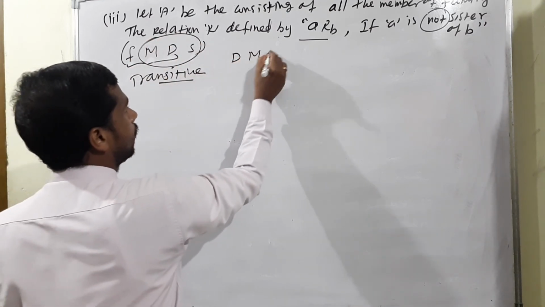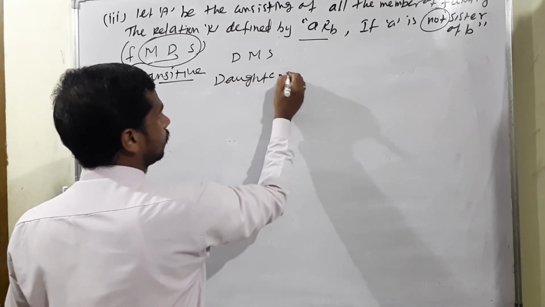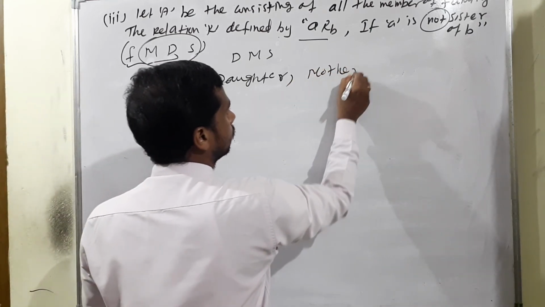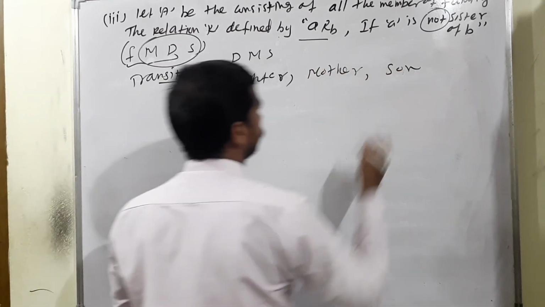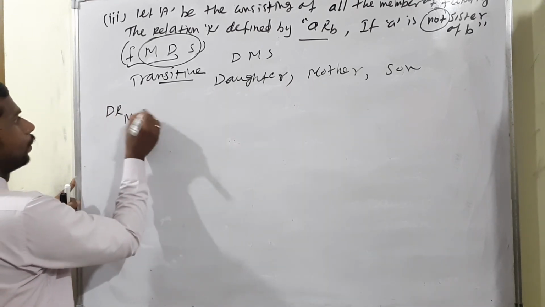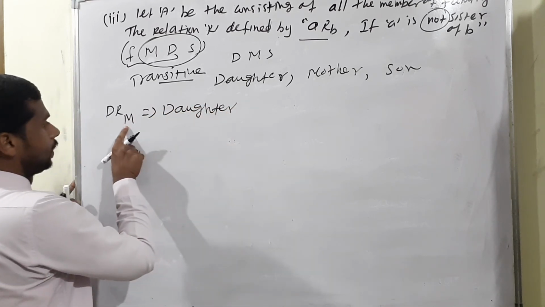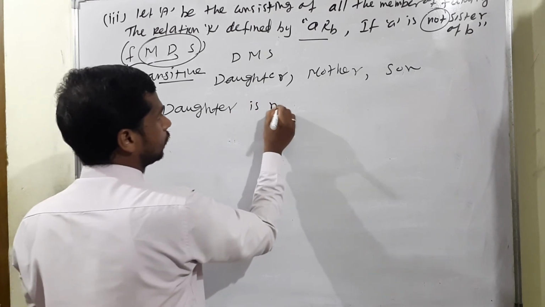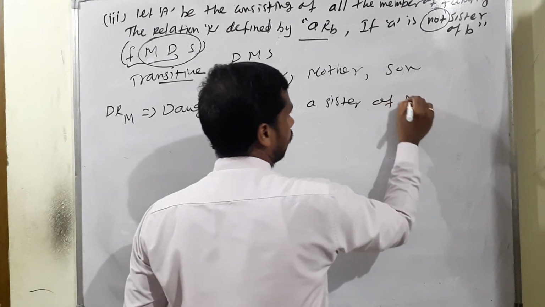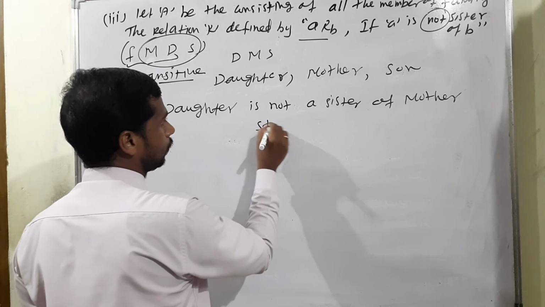But just interchange these three conditions. Consider D, M, S, that is daughter, mother and son. First, considering D to M, that is D related to M. What will happen? Daughter is not a sister of mother. The statement is correct, no?